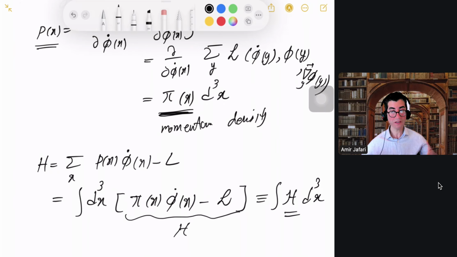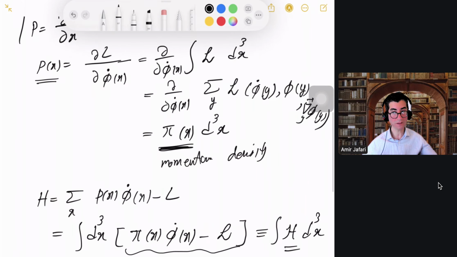So in classical field theory, here we don't talk about quantum aspects of the problem yet. We are talking about classical field theory, but with the field defined at each point in space and time.